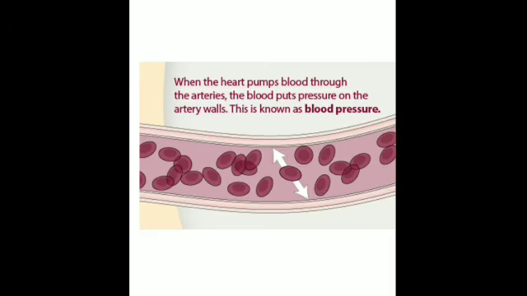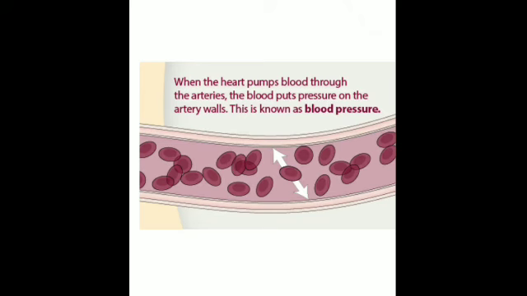Now, when the blood flows in the arteries, it exerts a certain amount of pressure on the walls of the arteries, and this pressure is called the blood pressure. You can see how the blood is flowing, and there is some force being exerted on the walls, and this is known as the blood pressure. Is it clear?